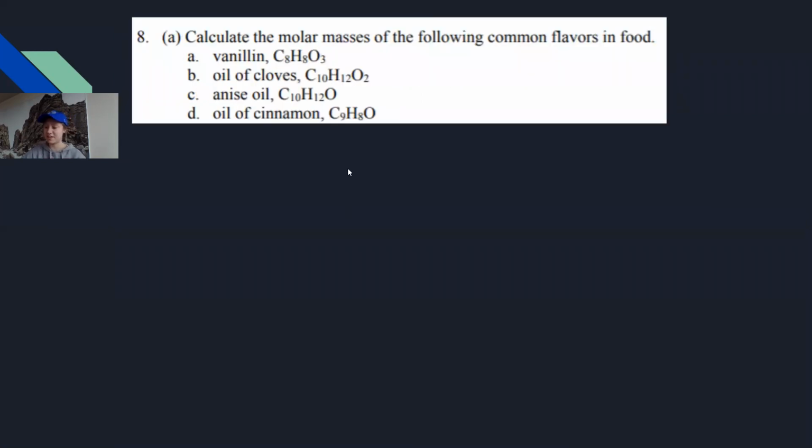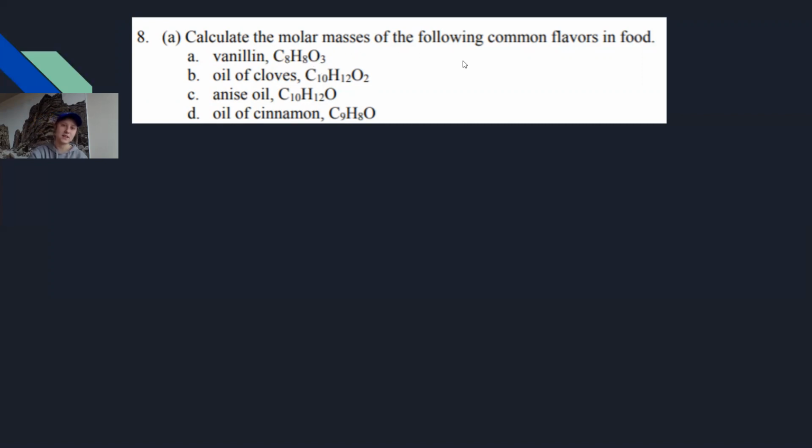This stuff I think is more important than what we just did, so I'm sorry, I shouldn't have spent as much time on that. Right here, all you'll need to do is take the molar mass of carbon, which is 12.01 times 8, plus 1.01, which is the molar mass of hydrogen, times 8, plus the molar mass of oxygen times 3, and add it up.